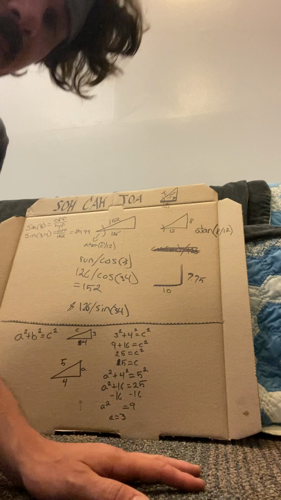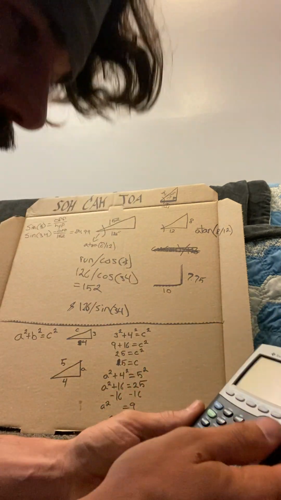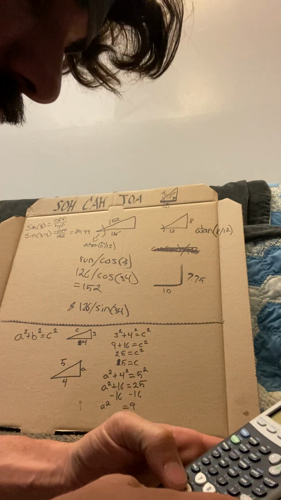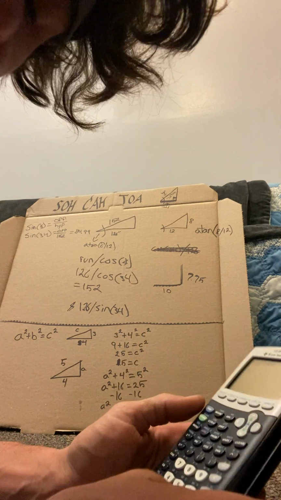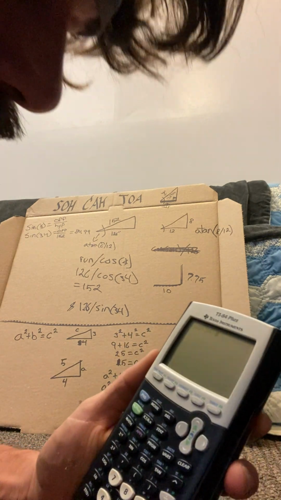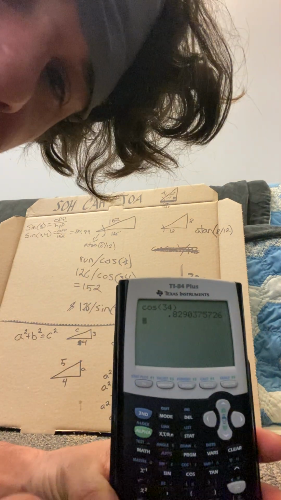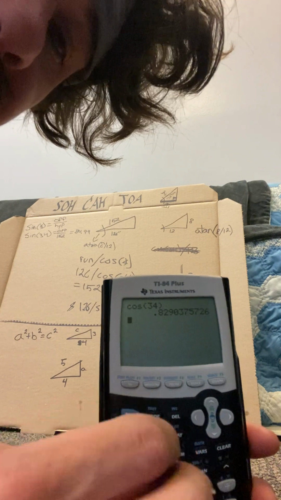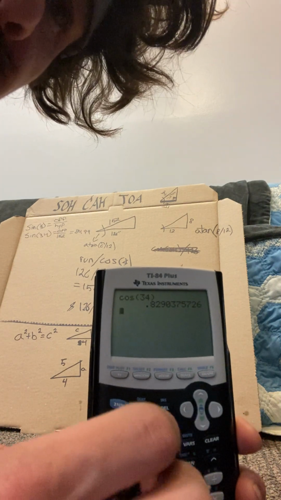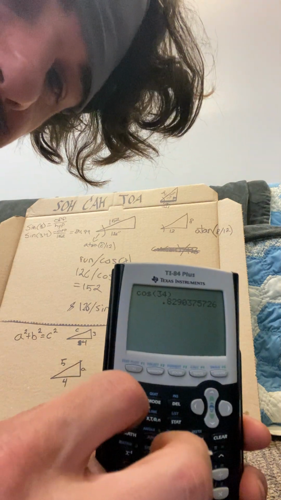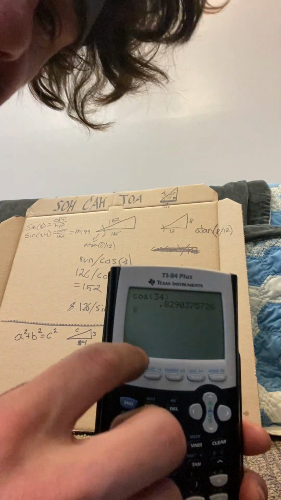Don't be afraid to come over here and be like, what's cosine of 34? I don't know how to figure out what I need to figure out. What's cosine of 34? Oh, 0.82. That's close to 1, but it's a little bit less. That means it's going to be a little bit bigger, right? You can see just by putting in that number, because that's the ratio, right?